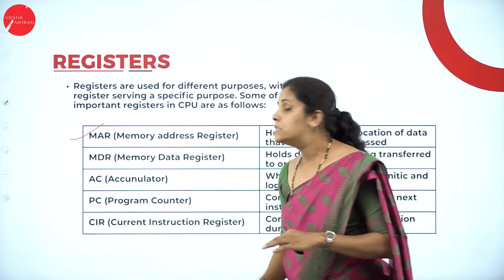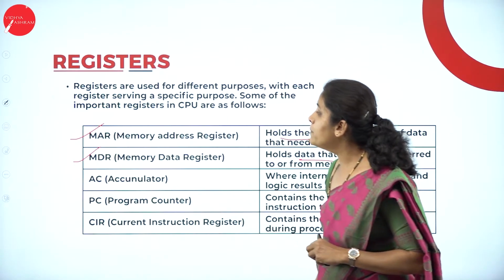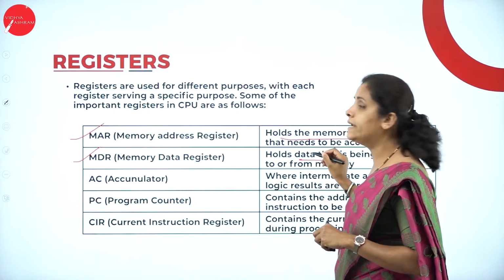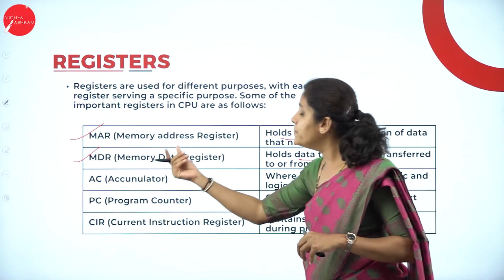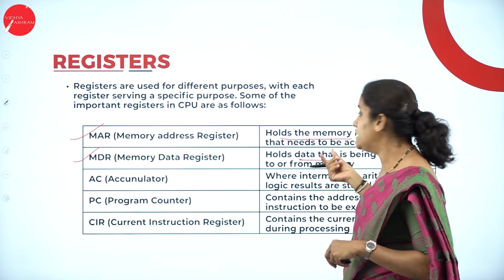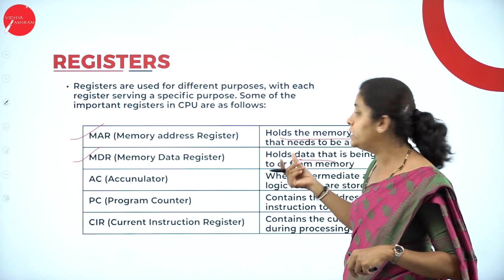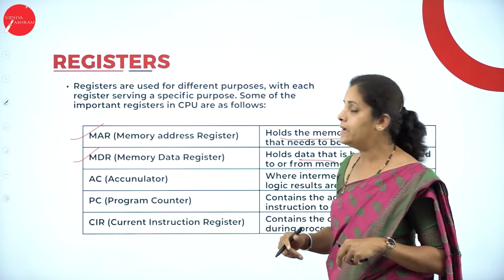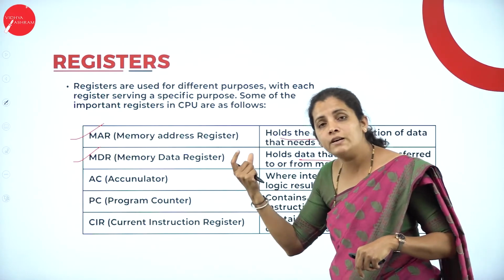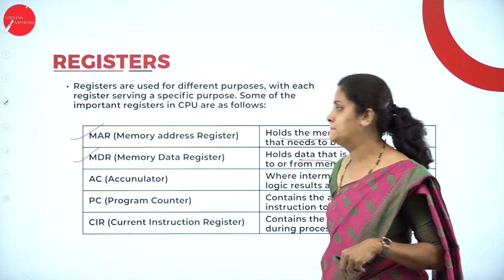Another type of register is the memory data register. It holds the data that is being transferred from the CPU to the memory.